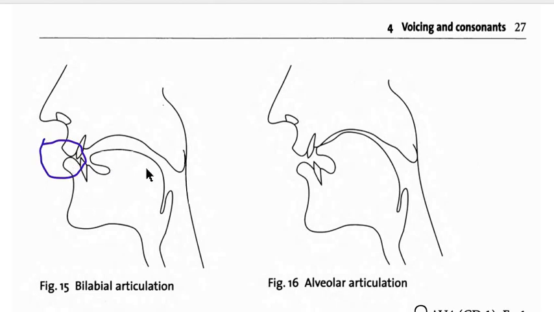This closure will hold the air and create the plosive sound in P and B. In this position we are talking about the alveolar position. This is the alveolar ridge, and this is the blade of the tongue when it touches the alveolar ridge.